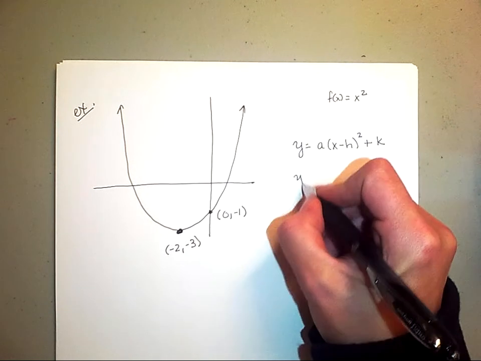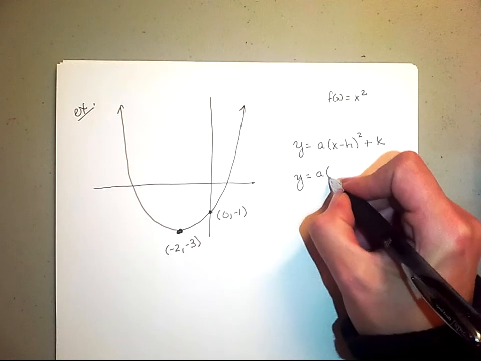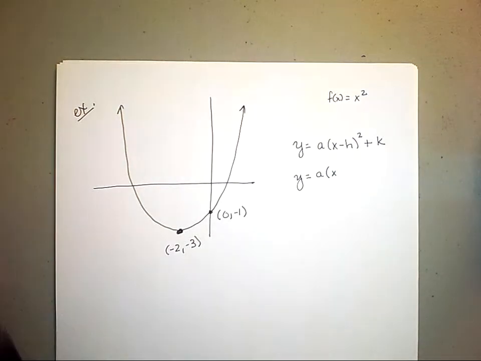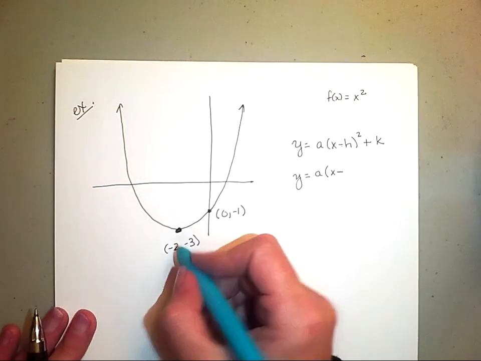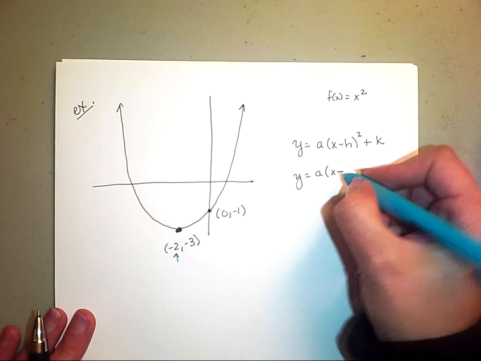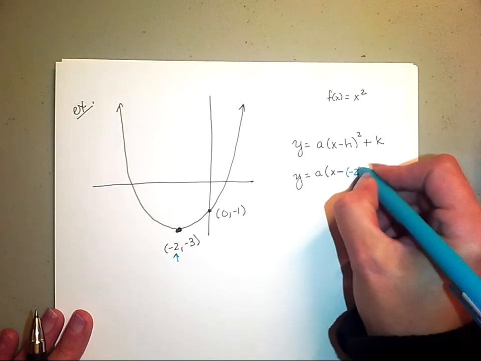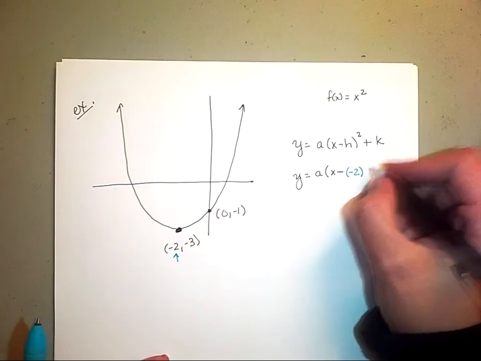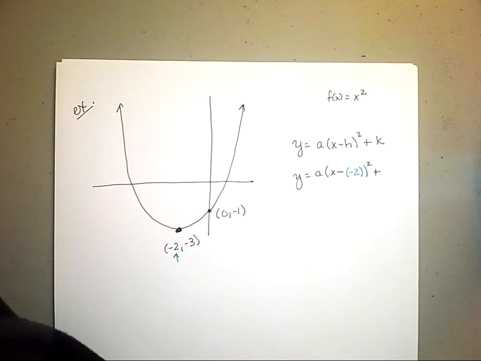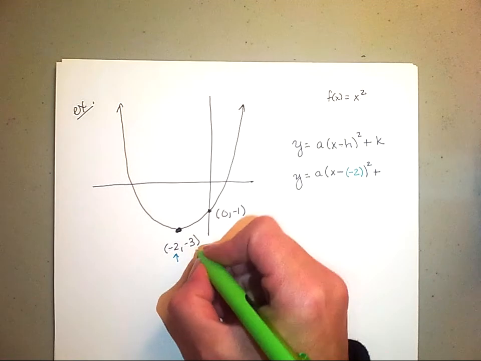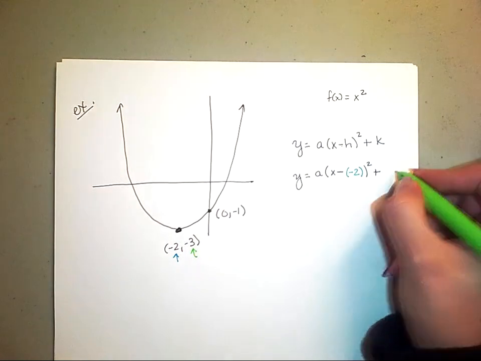Okay, well, we know what h is. Okay, so I'm subtracting here from the formula, and from here we see that h is -2. So I'm going to subtract off a -2. That'll get squared, and then I'm going to add the constant k, which is here.